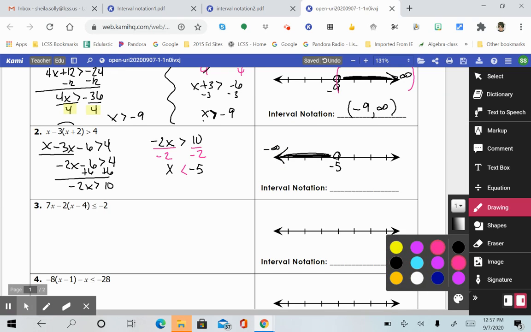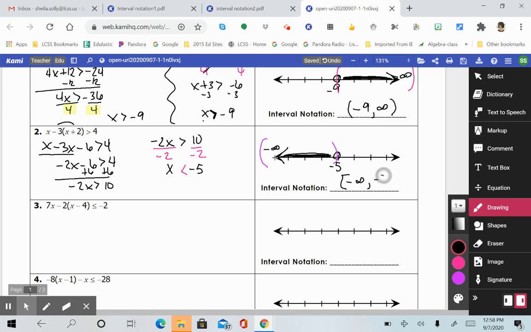Now to get ready for our interval notation, enclose your solution set visually. So it's a parentheses at a negative and a parentheses at an empty circle. So our interval notation is negative infinity to negative 5 parentheses.